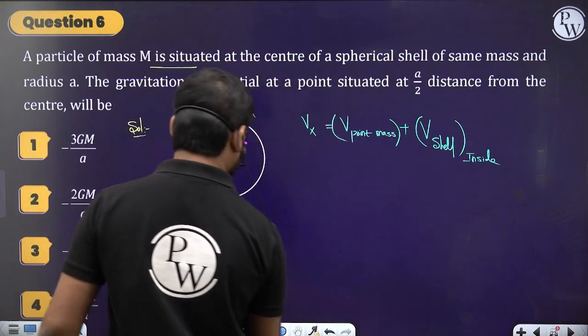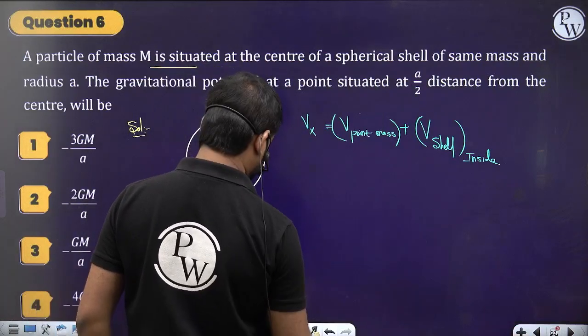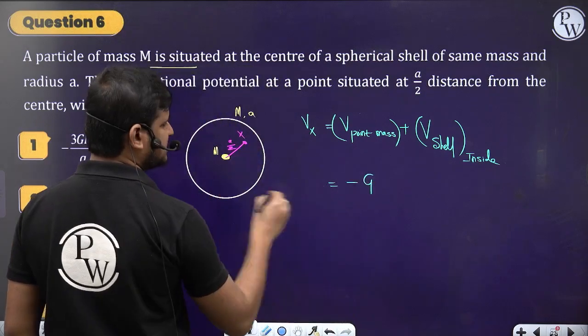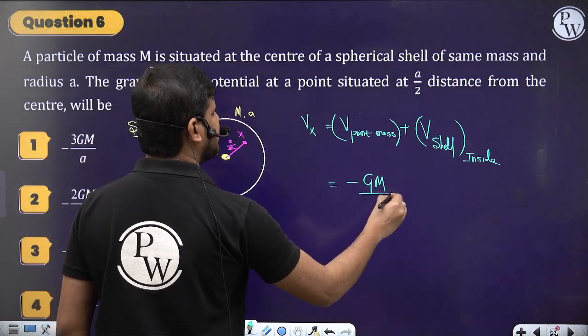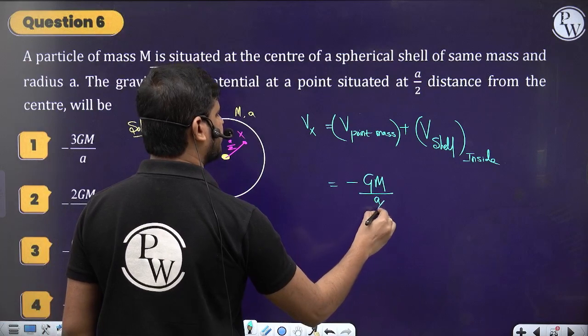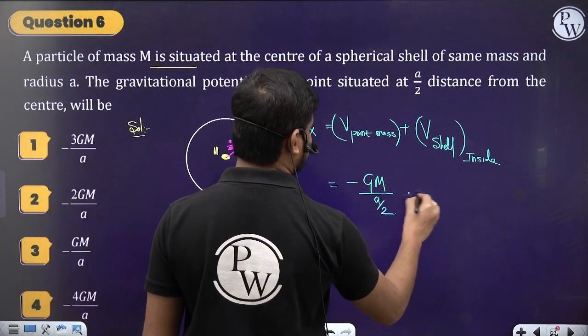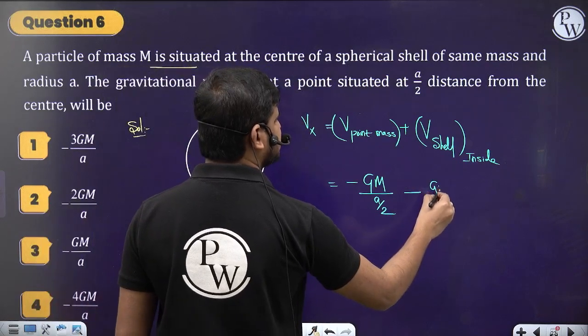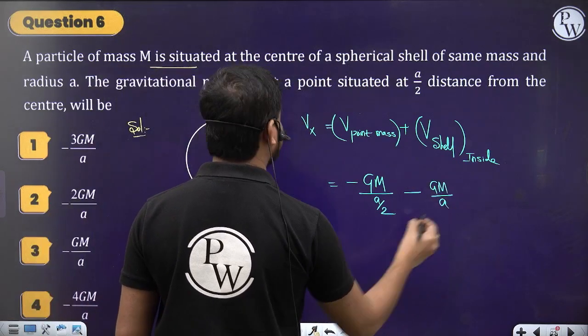The gravitational potential due to the point mass is minus G due to which mass? Capital M, which is at a distance a by 2. Plus, minus because of the shell, inside it's simply its radius, which is a.